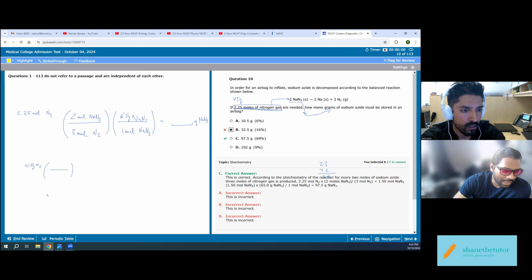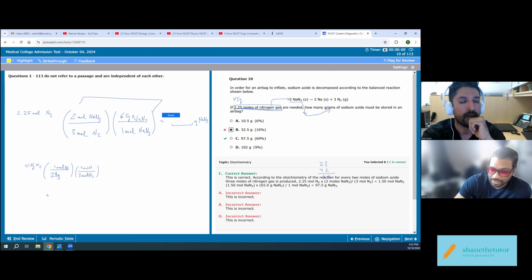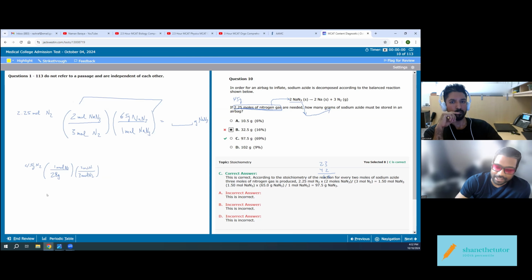Yeah, 28 grams in 1 mole of nitrogen gas, and then you would use the 3 moles of N2 gas for 2 moles of NaN3, and then the rest after that. So if they gave you a mass of nitrogen gas, then you would convert that into moles because you need to in order to use the balanced reaction. Okay, that makes sense.